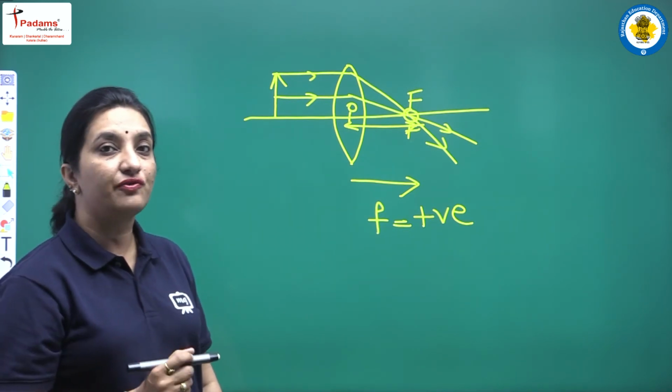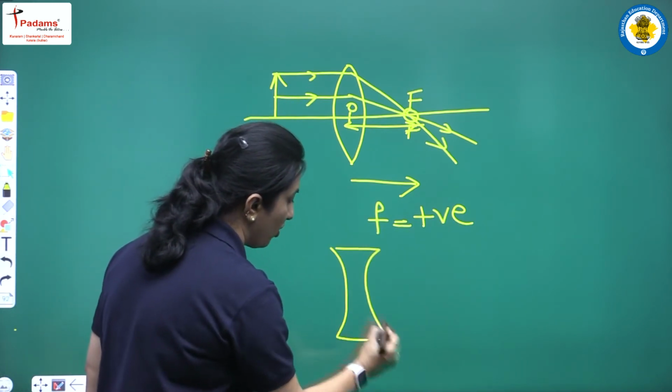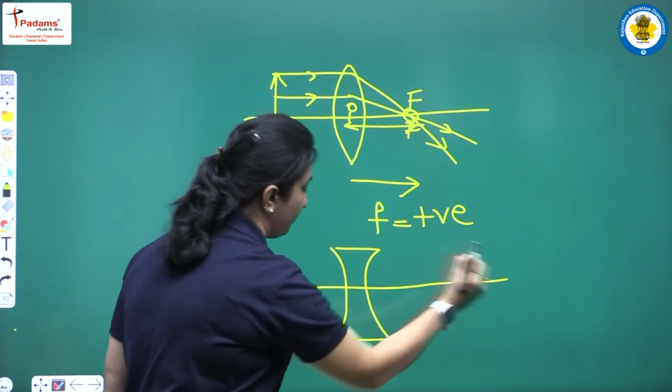Now let's understand this for concave lenses. Let this be the concave lens, let this be the principal axis.